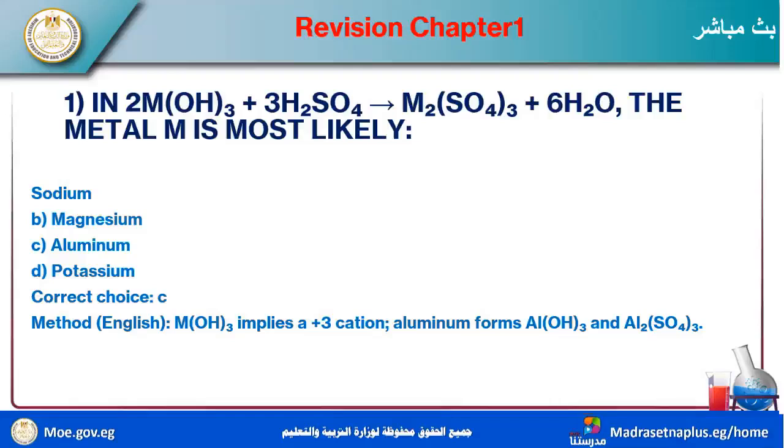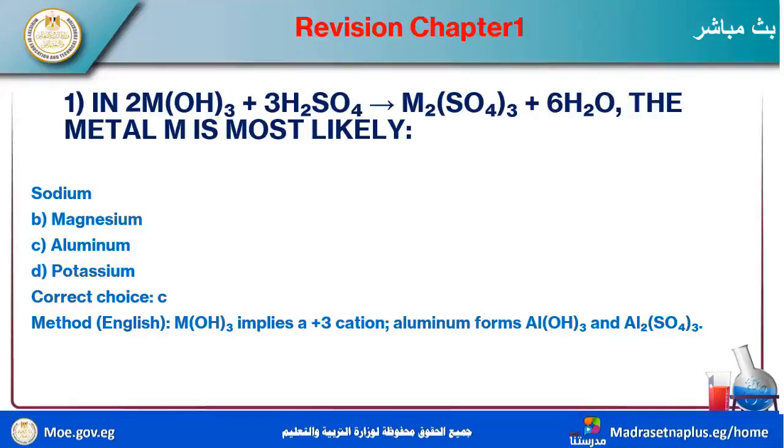This depends on the valency of these elements, so we must know the valences of the elements first. Sodium is monovalent, magnesium is divalent, and aluminum is trivalent.